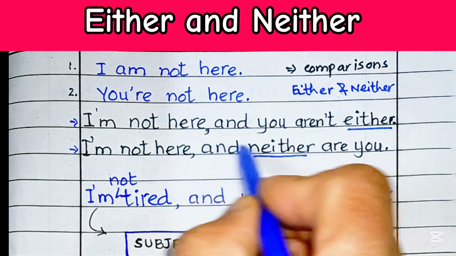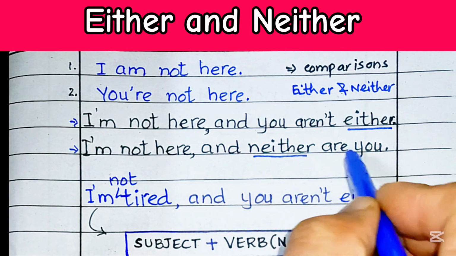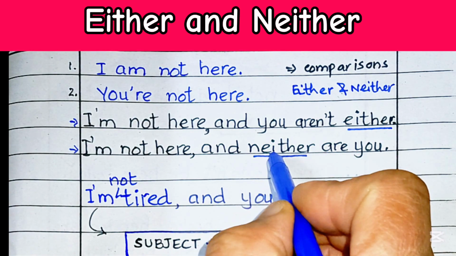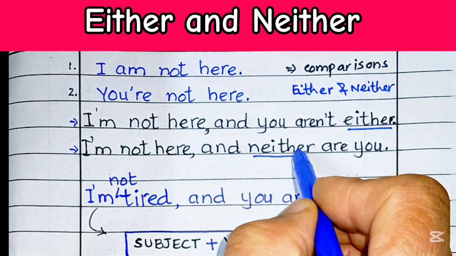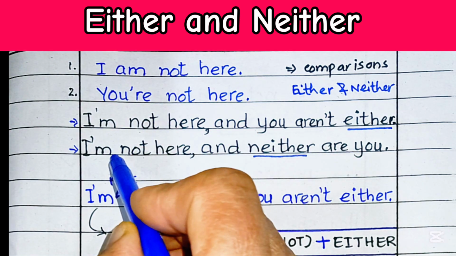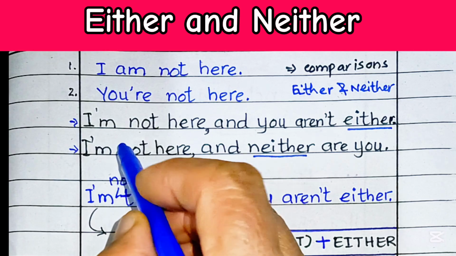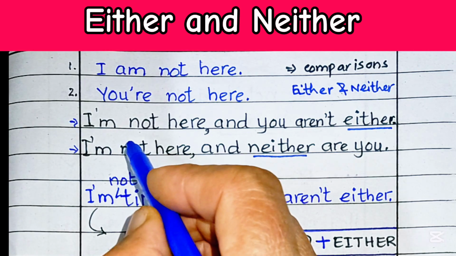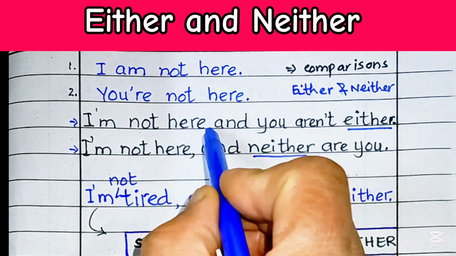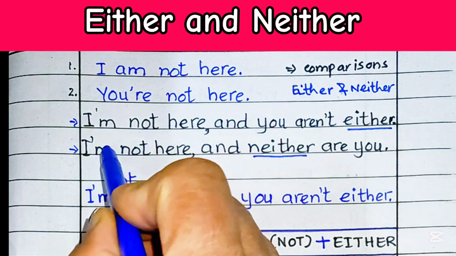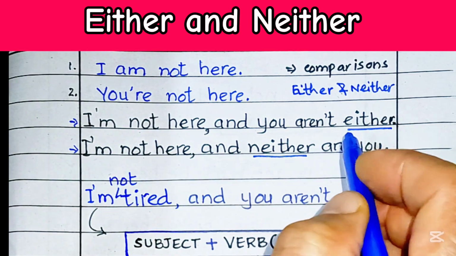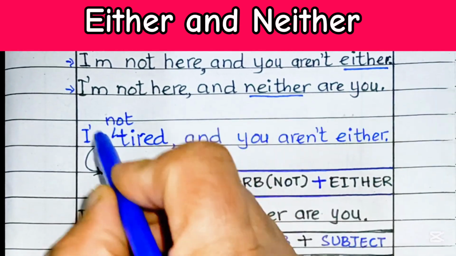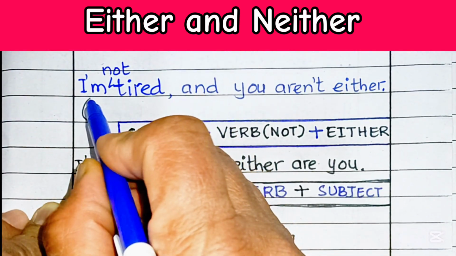I'm not here and neither are you. So over here you can see the position of neither in this sentence. So both the sentences mean the same. If I say I'm not here and you aren't either, or I'm not here and neither are you, both the sentences mean the same.